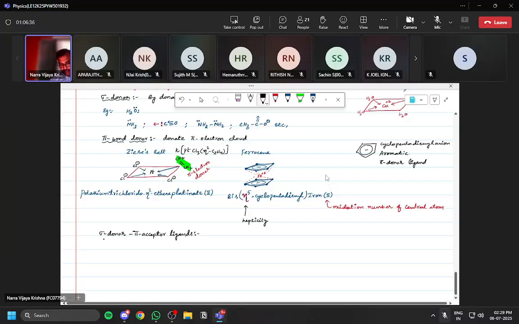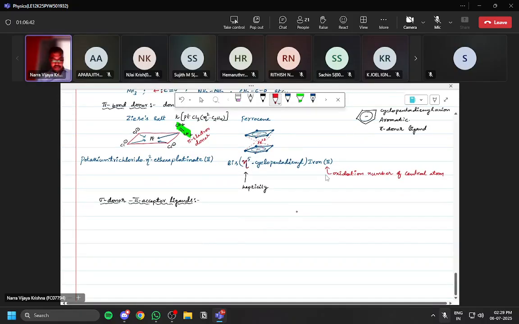Now tell me, what do you mean by sigma donor pi acceptor ligand? What is the meaning of it?